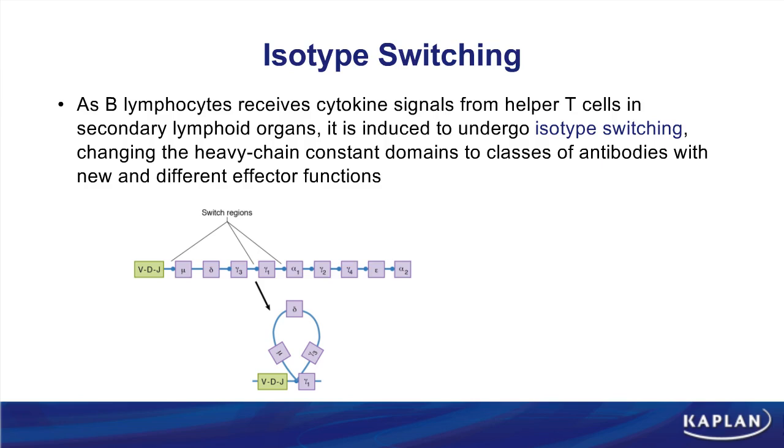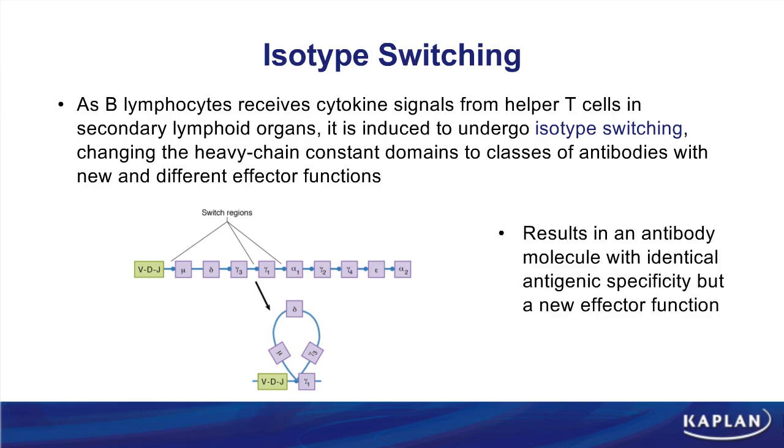Now, though, we get to switch the constant regions, so we can go from expressing this IgM and IgD to one of the other constant regions. And remember, when we change that constant region, we now have potentially acquired new effector functions.